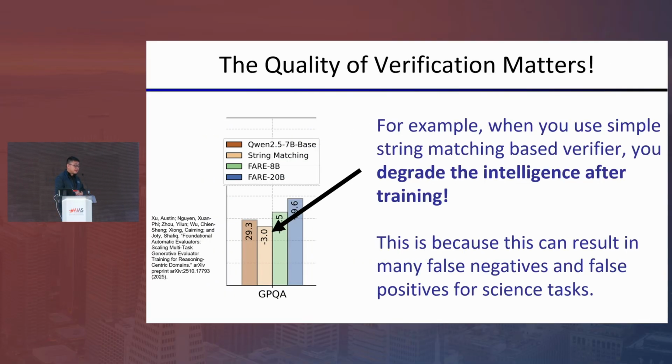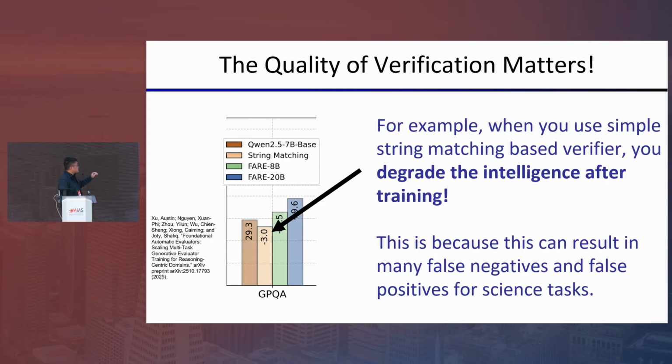So this point has been exactly observed in the community. For example, here what I'm showing is basically the AI system performance on the dataset called GPQA, which is short for Google Proof Question Answering, an important benchmark in LLMs. So suppose you are using a simple verification, which is string matching, to check the quality on GPQA.